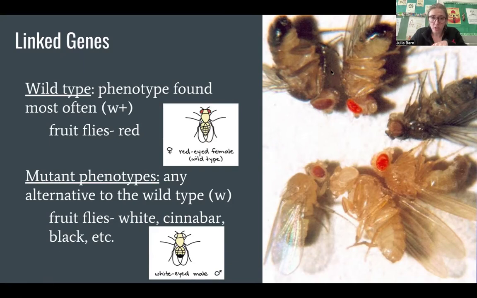All of the variations of eye color besides the red eye color are what would be considered mutant phenotypes. So you can have white fruit fly eyes, which are these ones right here. You can have cinnabar, which is this sort of cinnamony color. You can have black eyes. There's a bunch of variations that you can have in the eyes of fruit flies.